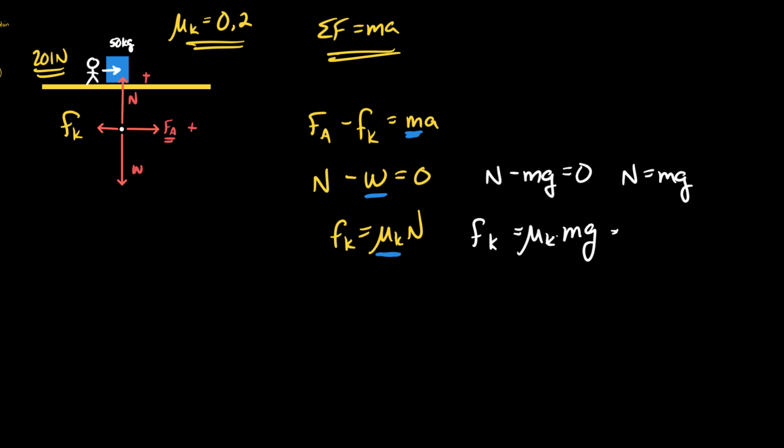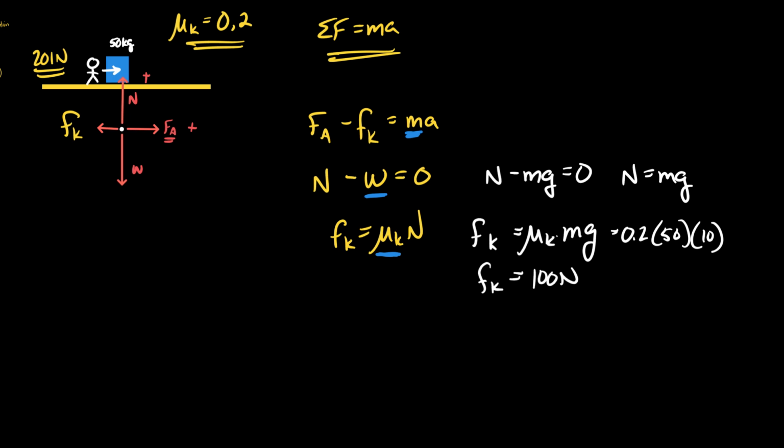Mu k is 0.2, and m is 50, and g is 10. Right? I know all of those things. So mash them all together, and I'll get that it's 100 newtons. How's that look? Remember, this is the analysis. We're trying to see what we have, and can we use the stuff we have to figure some things out?